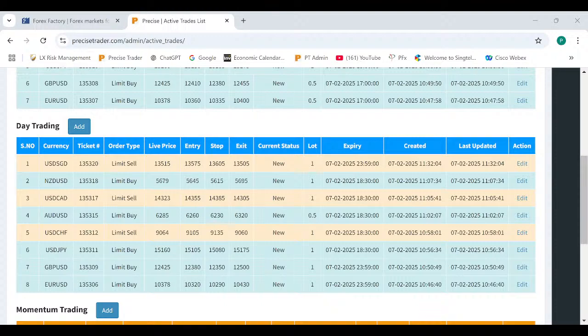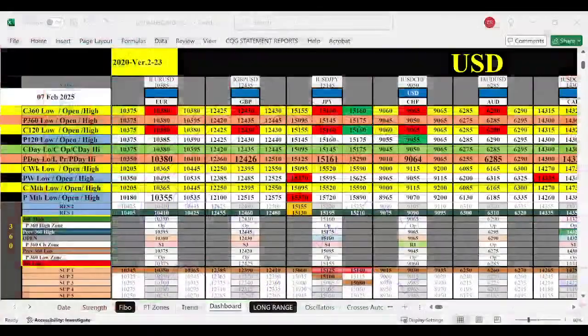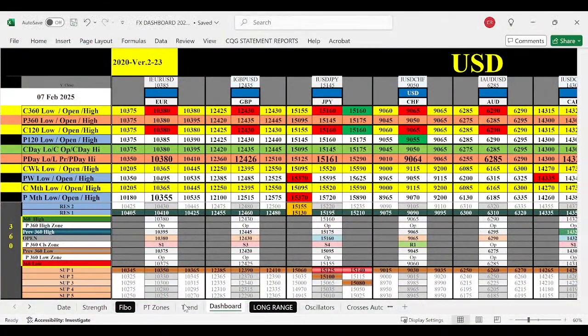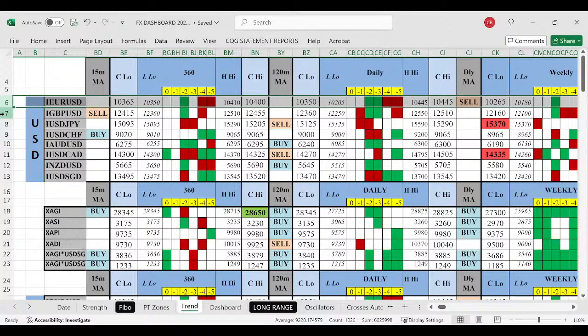So the next currency we are looking at is the pound. The pound on the hourly is flat with an upside view, and the range is between 12415 and 12455.